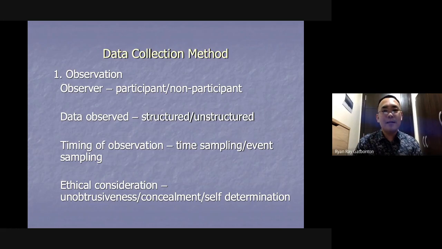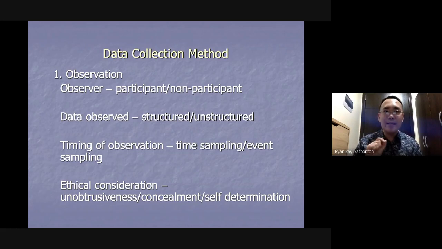The second classification of observation is the type of data that you are observing. You say that you're doing a structured observation when you do an observation based on objectives or on a list, may listahan ka ng inoobserbahan mo.